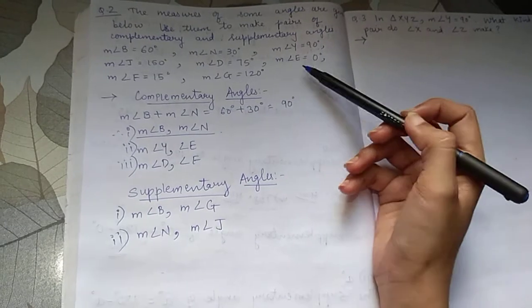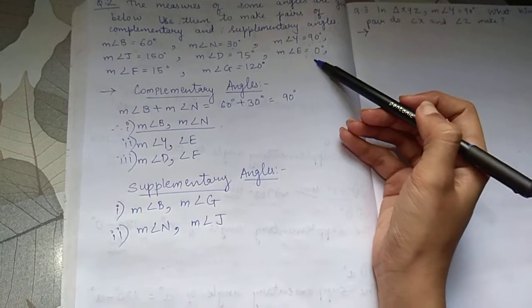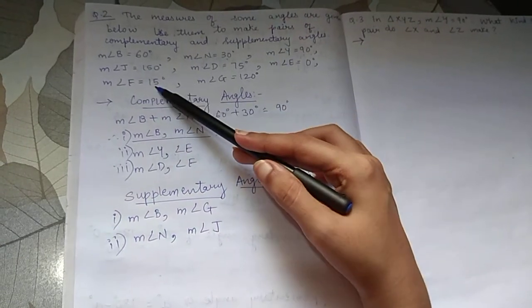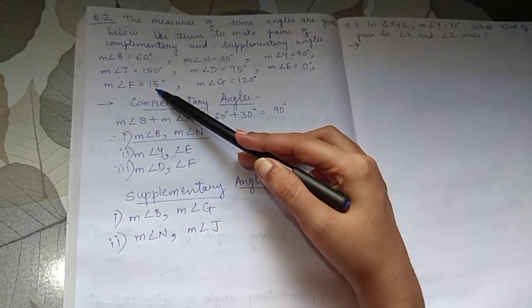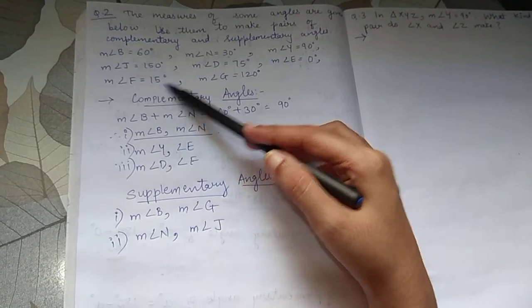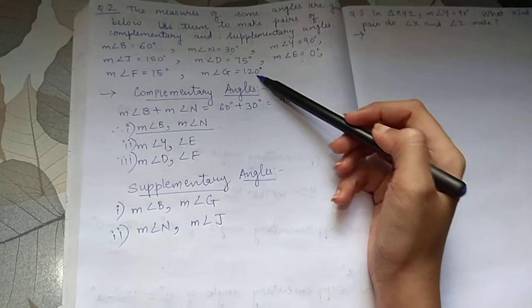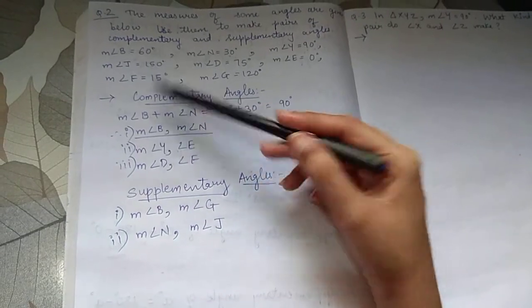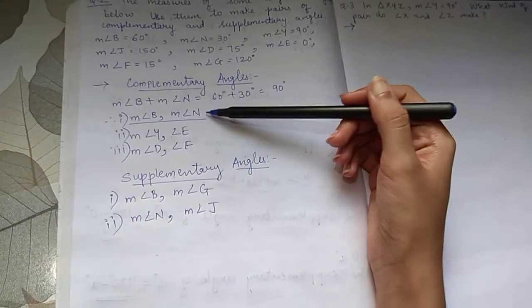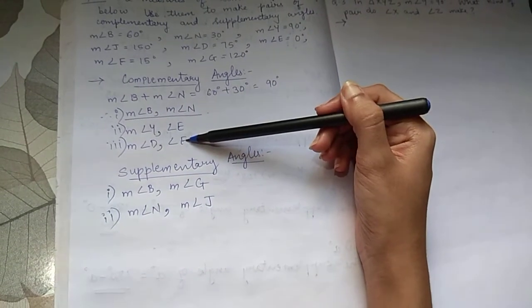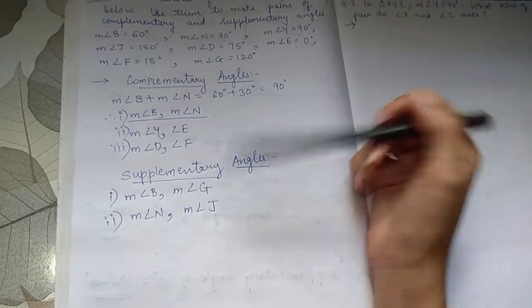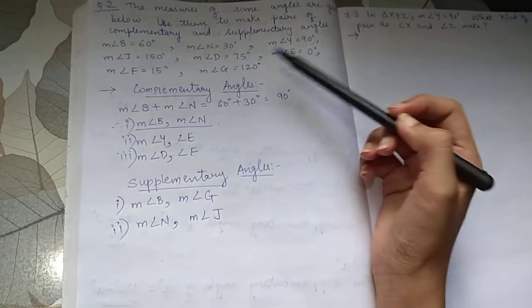There is no 105, so we will skip. 20: again, 160 should be added, so we will skip. 15: what number should be added to 15? 165. It is not there, so we will skip again. 120 and 60 are already done, so no need to repeat. Hence there are 3 pairs of complementary angles and 2 pairs of supplementary angles among these.